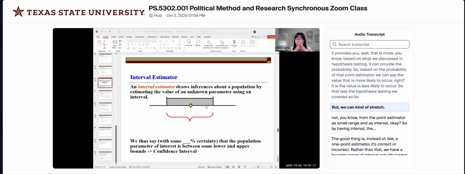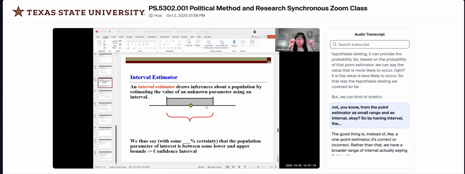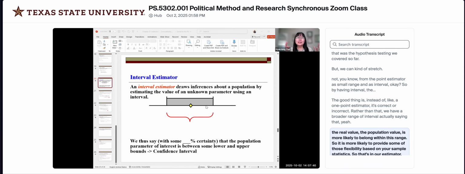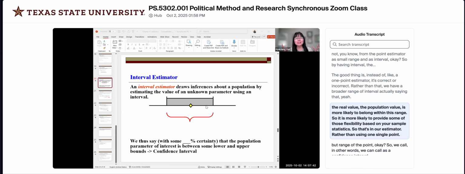But we can stretch from the point estimator to more of a range, an interval. By having an interval, the good thing is that instead of a single point estimator being correct or incorrect, we have a broader range, saying that the real population value is more likely to belong within this range.